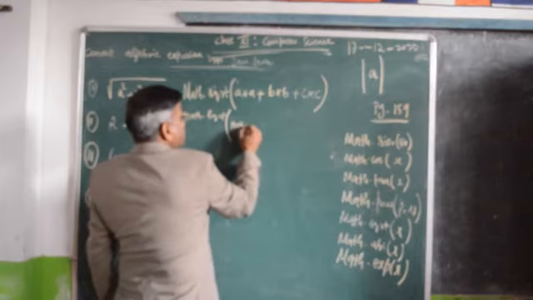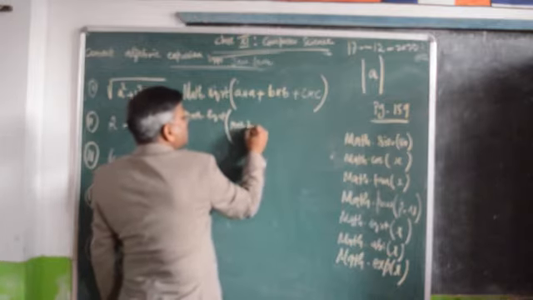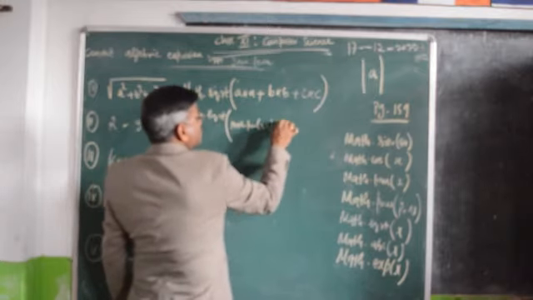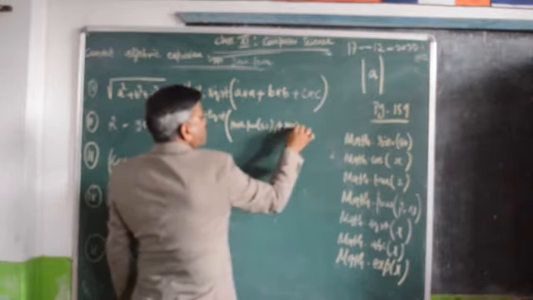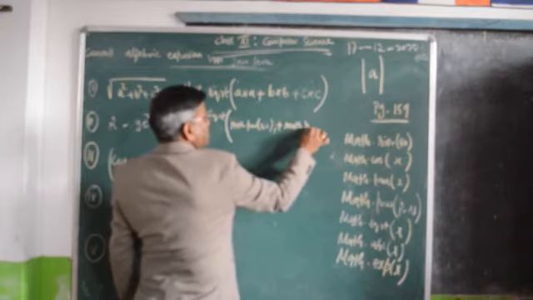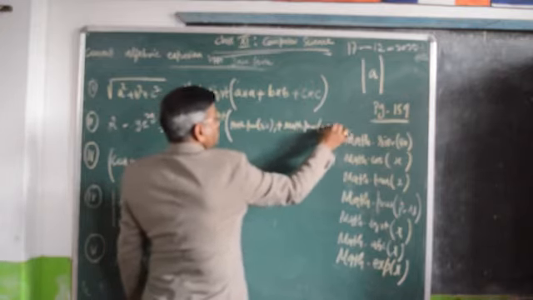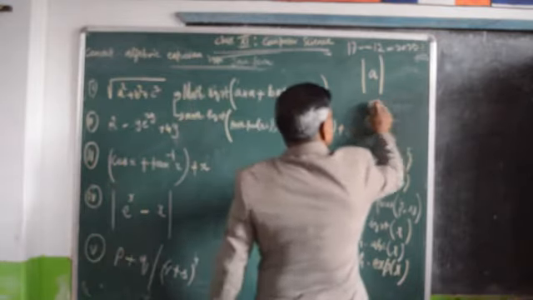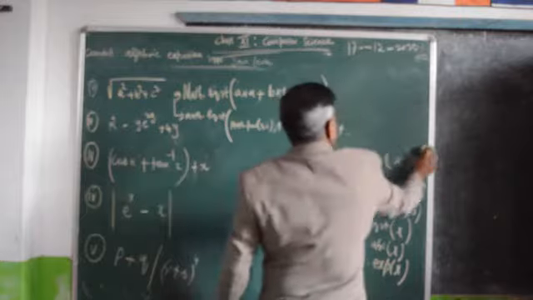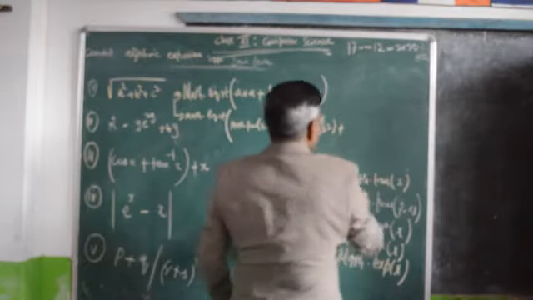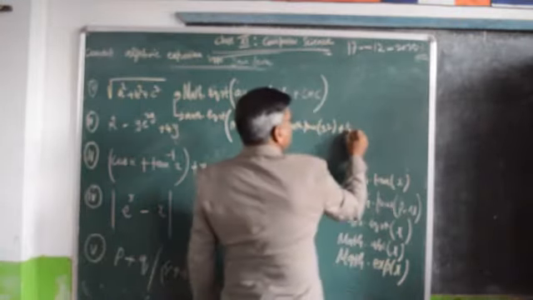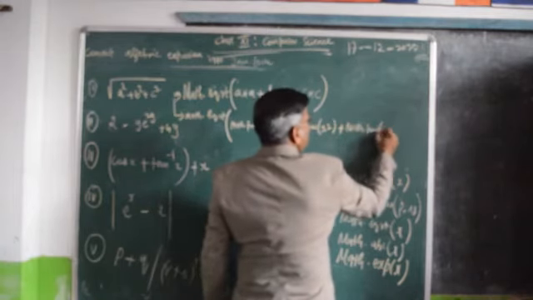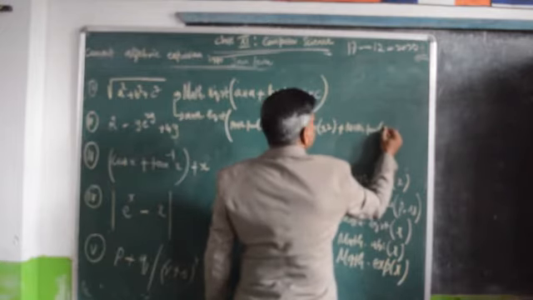Math dot pow of x comma 2 plus, every time you have to write math dot pow y comma 2 plus math dot pow of z comma 2.